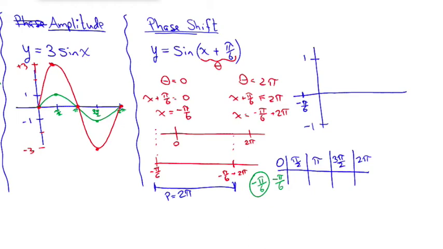So what's 3 pi over 6 minus 1 pi over 6? Just 2 pi over 6, and it reduces to pi over 3. All right, what's pi minus pi over 6? The common denominator is 6, so it would be 6 pi over 6 minus 1 pi over 6. That's 5 pi over 6. Now 3 pi over 2 minus pi over 6.